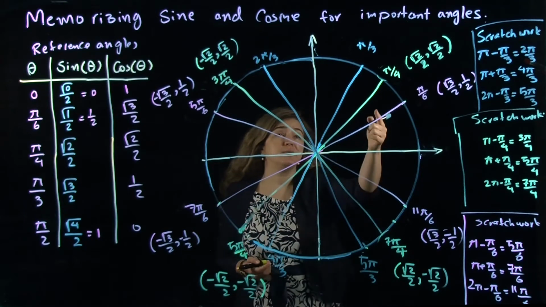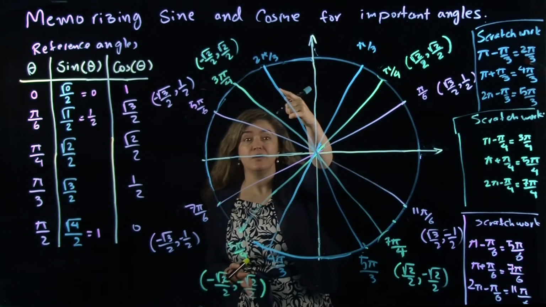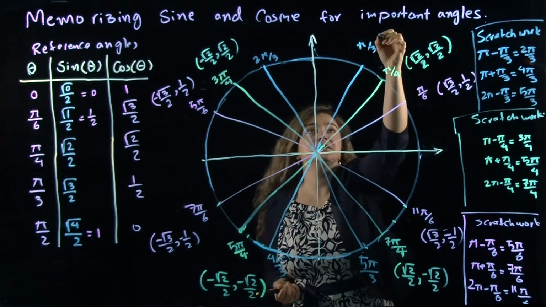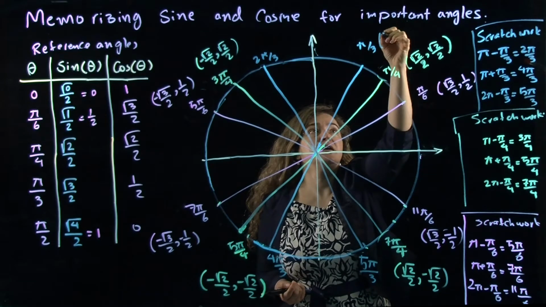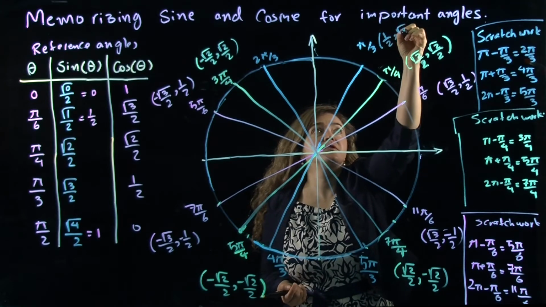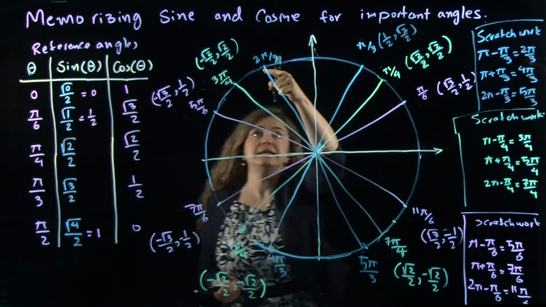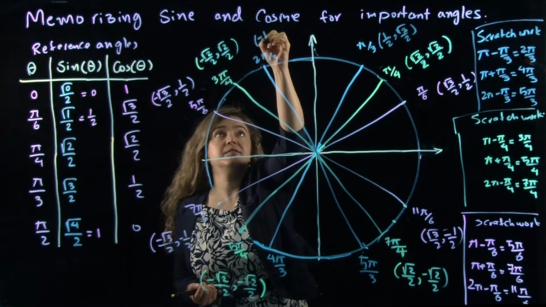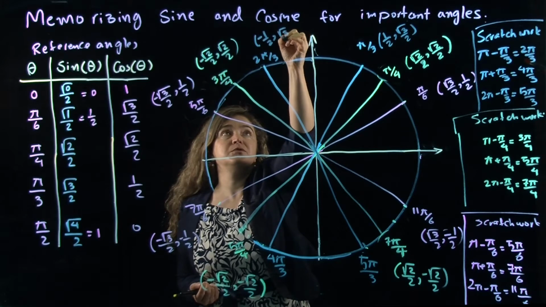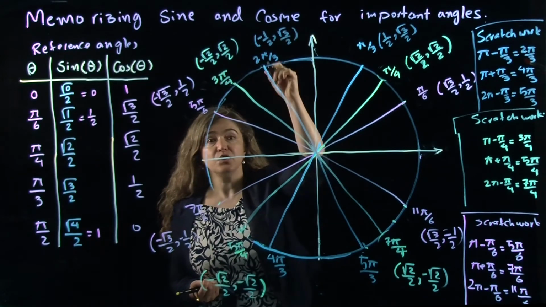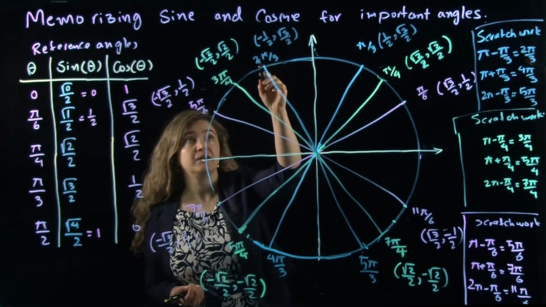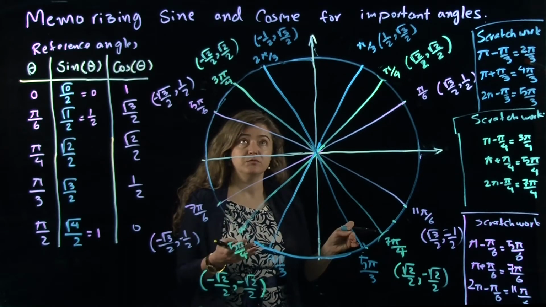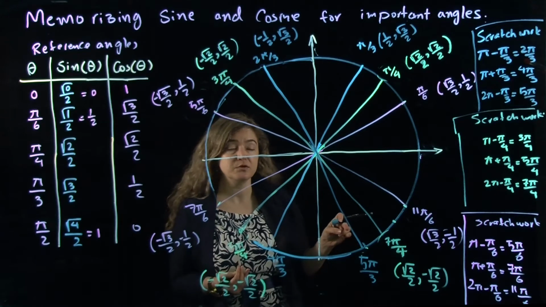Now the x and y value of the terminal point, in here pi 3 was associated with 1/2 and square root of 3 over 2. Now over here the x value has to be negative, y value positive, so cosine of 2 pi 3 is negative 1/2, and sine of 2 pi 3 is square root of 3 over 2.